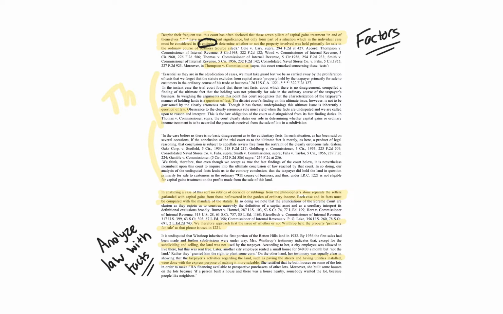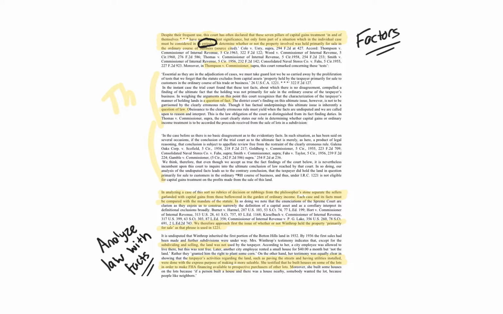So they focus on the intent as well as what they've done with the property. She testified that he built houses on some of the lots in order to make FHA financing available to prospective purchasers of lots. Moreover, she built some houses, so we can say that there was some properties that were rendered.